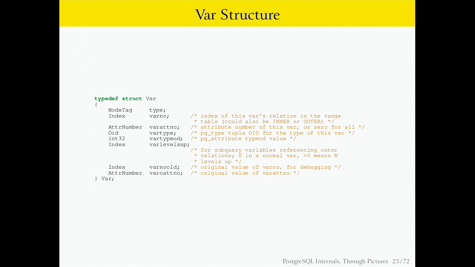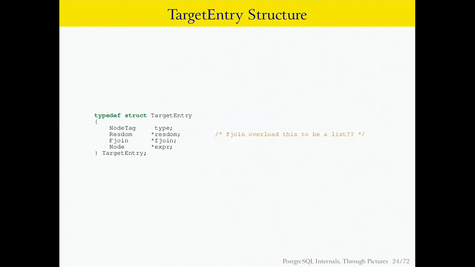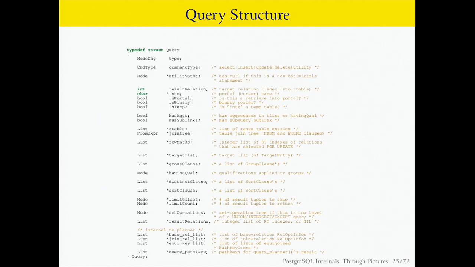So if var levels up is 1, that means that variable is not represented within this query, but at a level 1 up or 2 up from the query I'm in, and that controls how that query gets executed. So it does get pretty complicated. I'm telling you range tables are a pretty simple thing, but effectively they could be a whole bunch of other things that get really complicated.